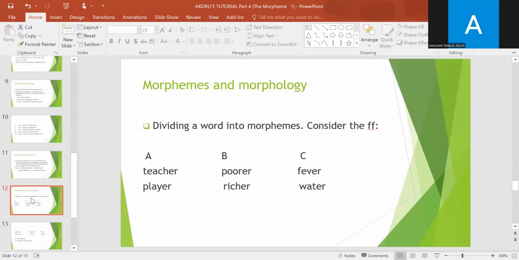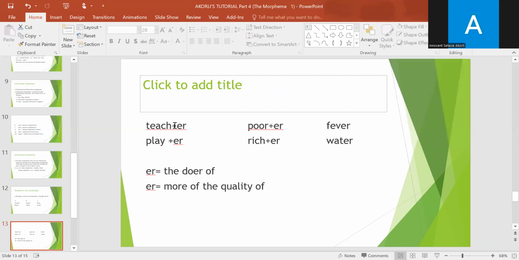But let's go to the next slide to analyze what is here. You see that I can break down the word teacher into teach plus er and player into play plus er.